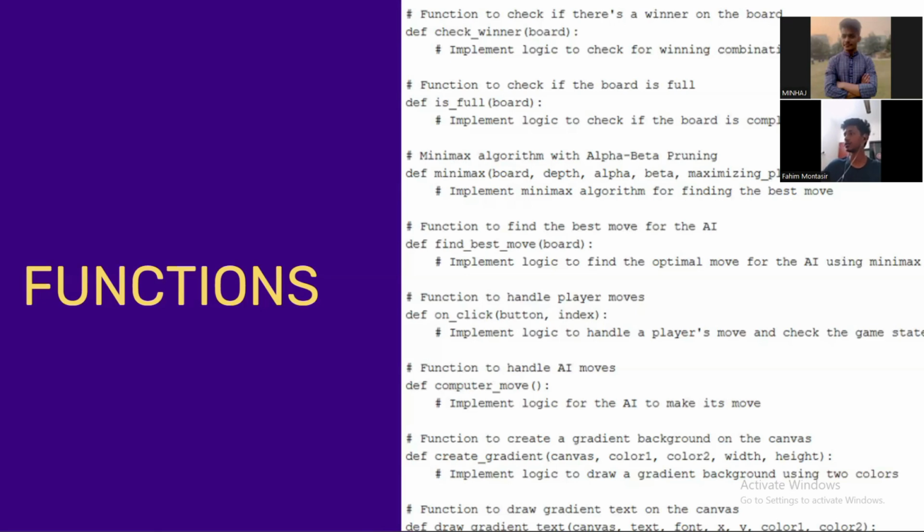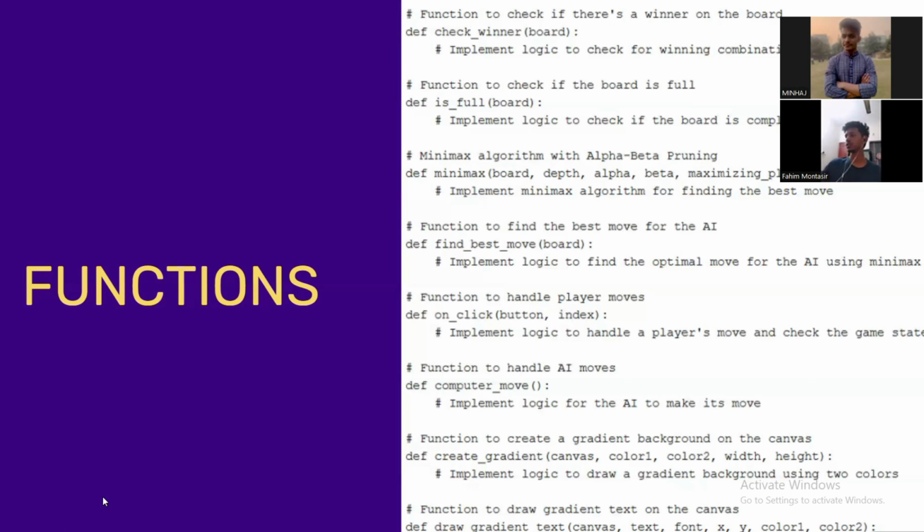On-click handles user input by processing a player's move and checking the game state. Computer move. The computer move function contains logic for the AI to make its move based on the current board state. Then the gradient part.